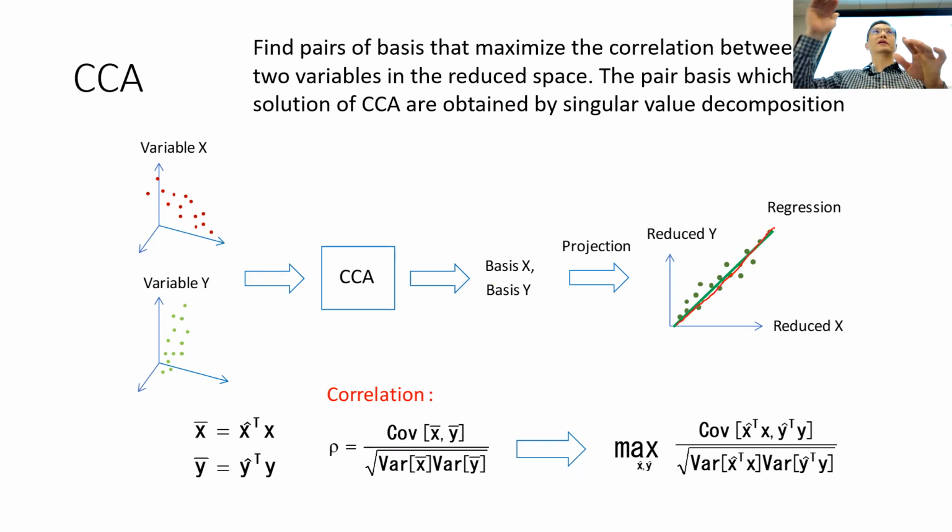If you have established a regression line which can explain the correlation between the dimensionality reduced data from data set one and two, then you have a strong correlation between them, then you are done, okay? So you will find the rotation matrix for data set one and two to make sure after projection their correlation is maximized.